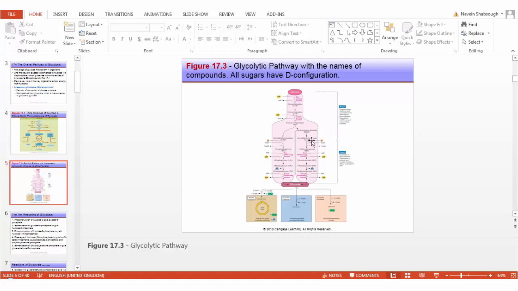And note that all sugars in this pathway have the D configuration. And here you can see the anaerobic fates of pyruvate plus the aerobic fate of pyruvate. Here we have the aerobic, and these 2, one in muscle and one in yeast.